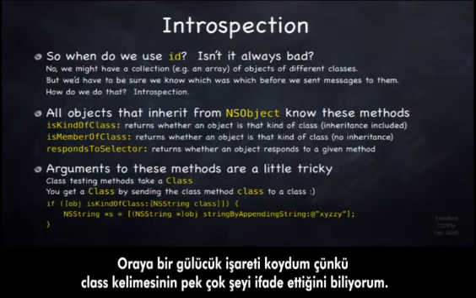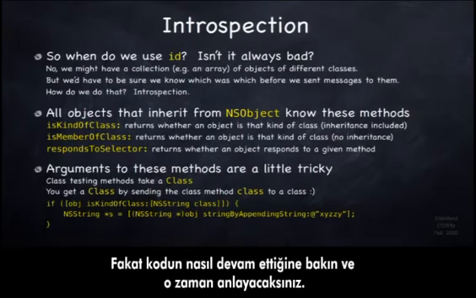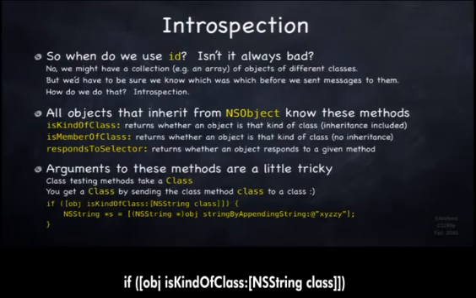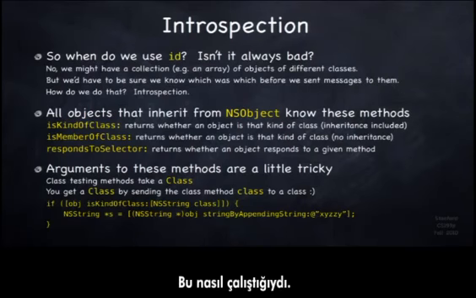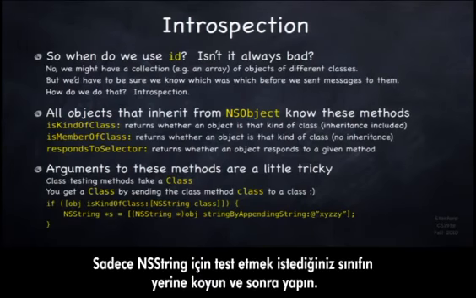I know it's a lot of the word class, but just look at how the code goes and you'll see. If [obj isKindOfClass:[NSString class]]. That's how it works. So just substitute whatever class you're testing for NSString.